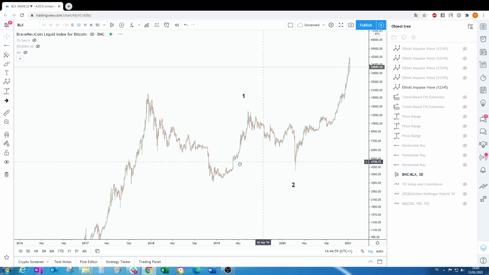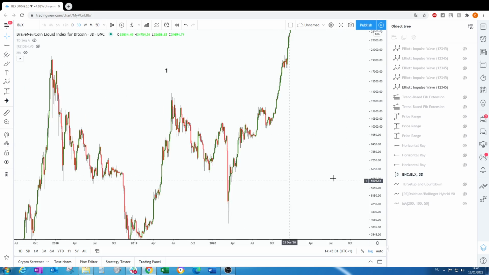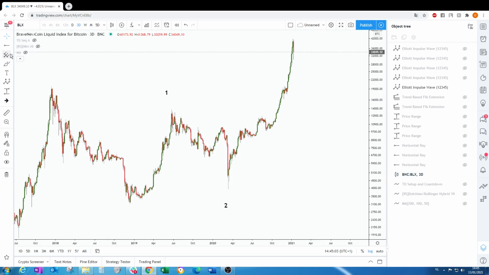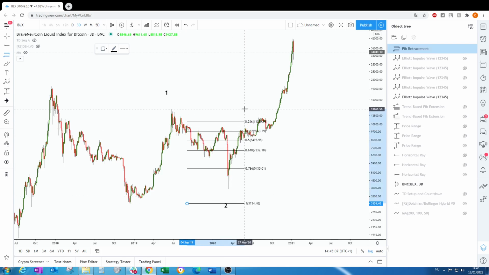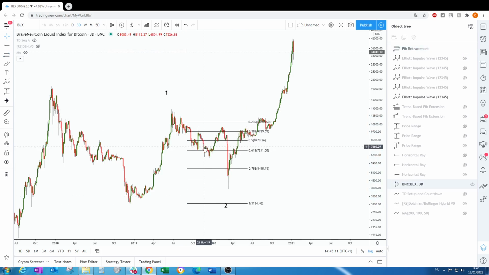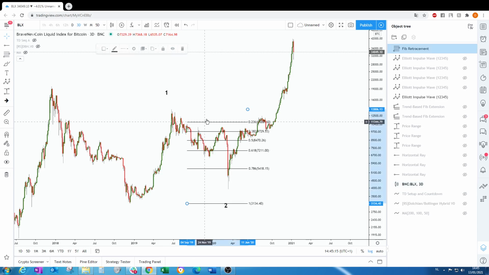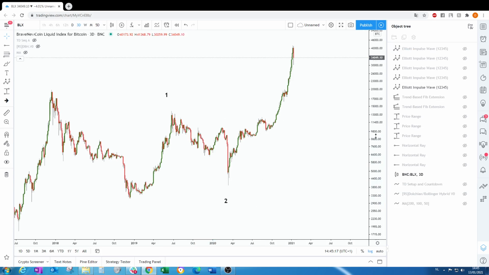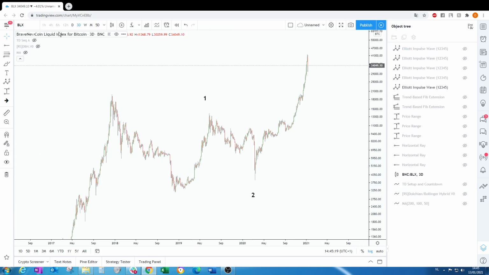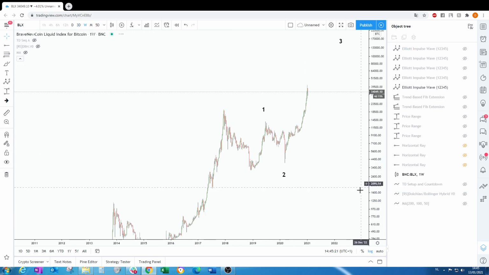Usually you would expect the second wave to hit the 50 on the Fibonacci or the 618. You take it from the bottom all the way to your first impulse, and you would expect the 50 or the 618 to be hit, but this almost retraced 90%. But still, it's very valid. It's just a little bit deep for a second wave.